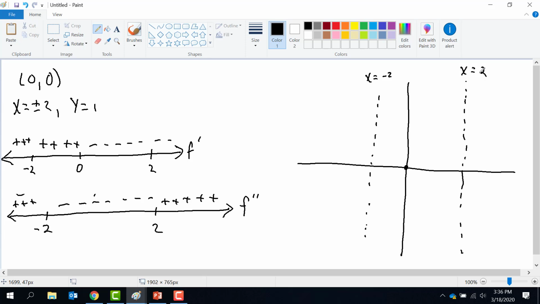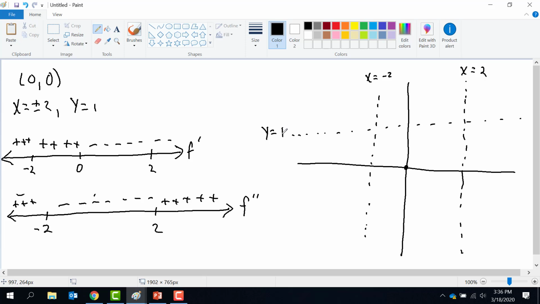The only place the graph crosses the x-axis is right here. It never crosses it again. We have a horizontal asymptote of y equals 1. And we never cross the horizontal asymptote, right?